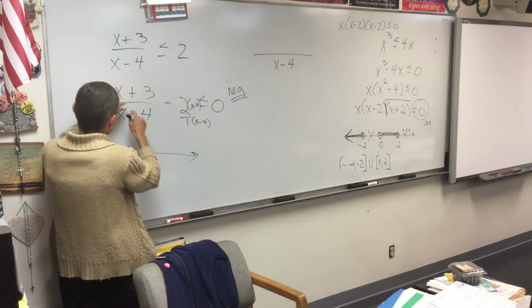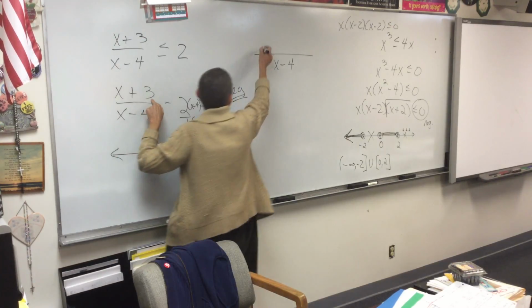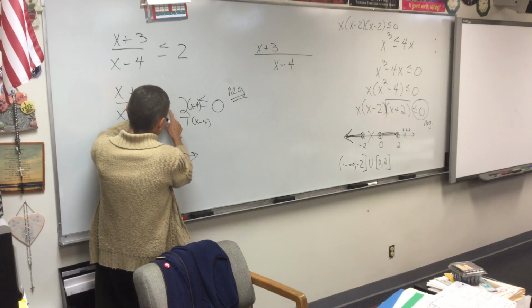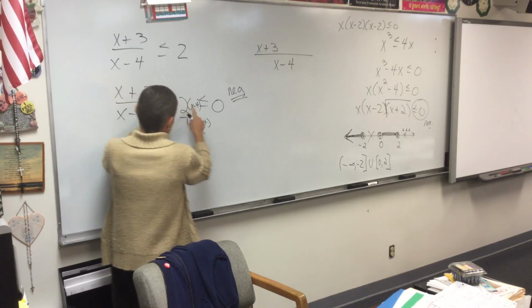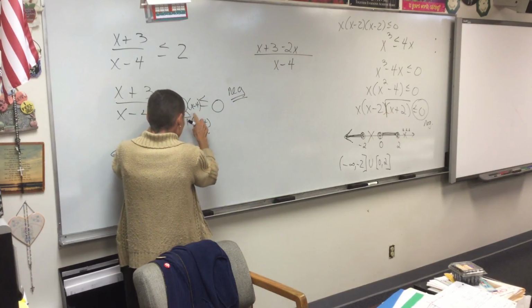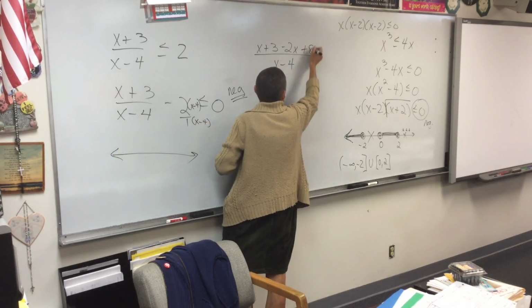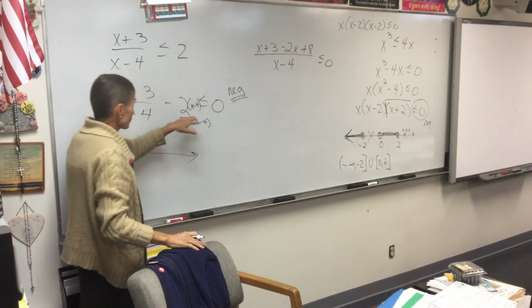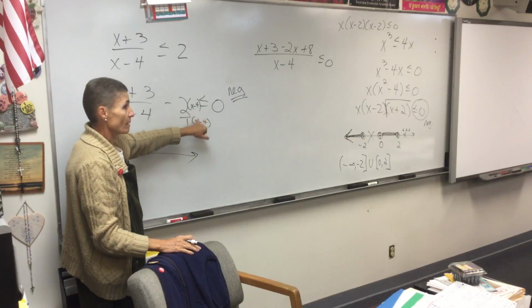And what have I got up on top? I have x plus 3. Okay, then what? Minus 2 times x minus 4, which gives 2x minus 8. So I multiplied top and bottom by x minus 4.